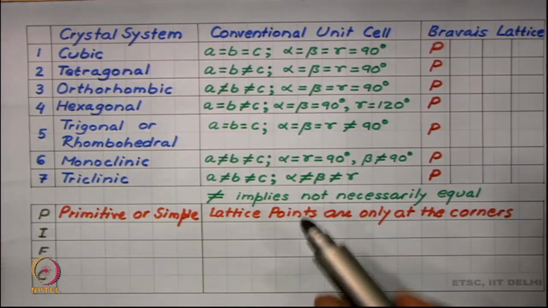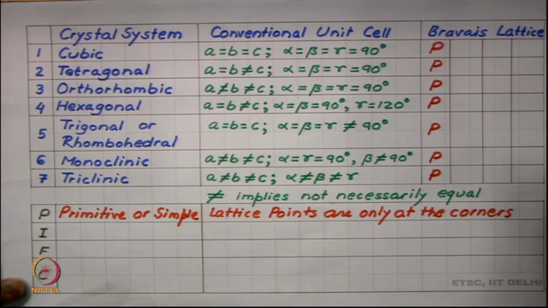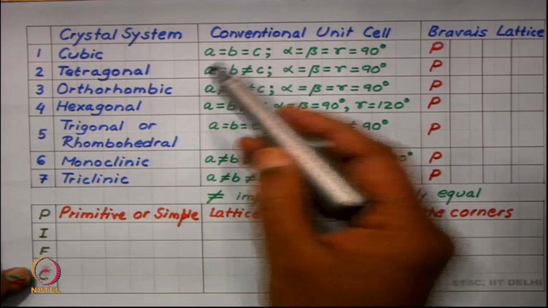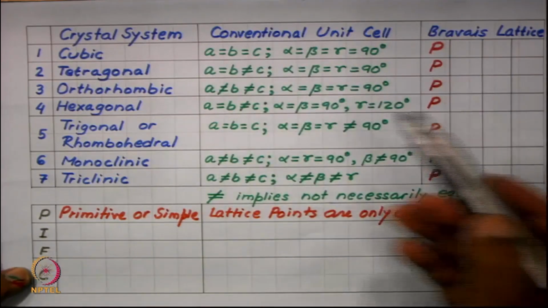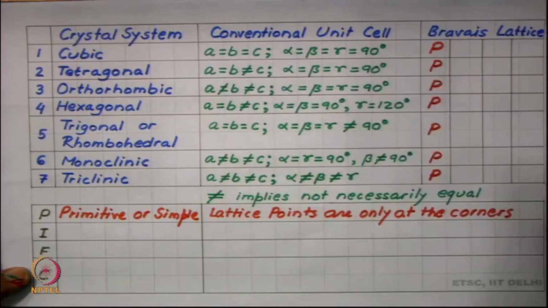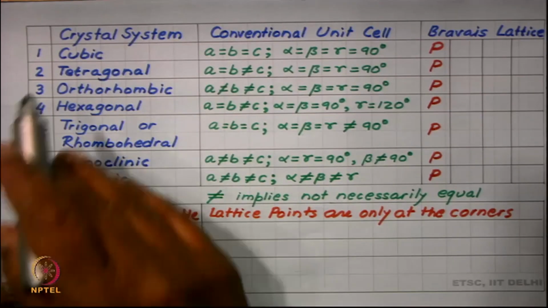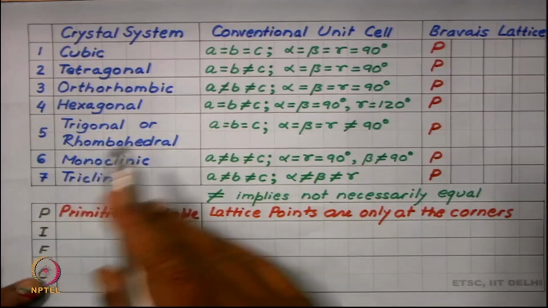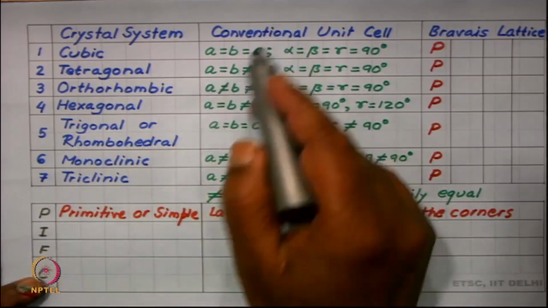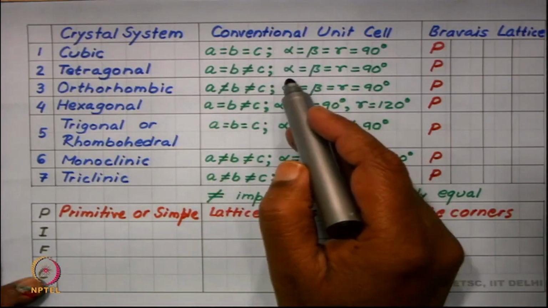So, basically you have a cube as your unit cell and that unit cell is repeated in space to generate the entire lattice.